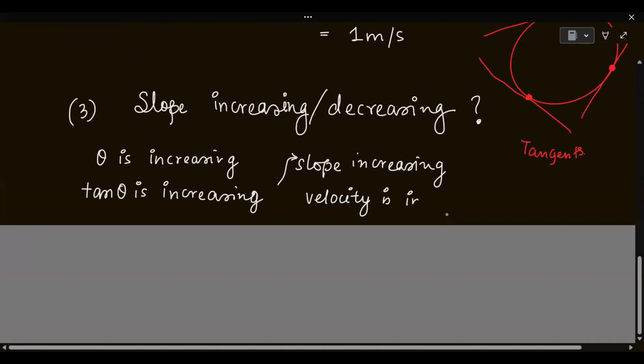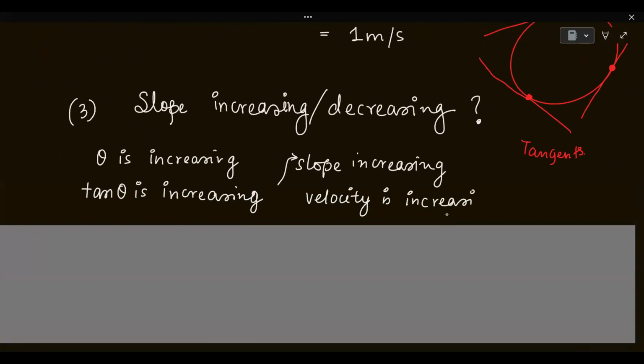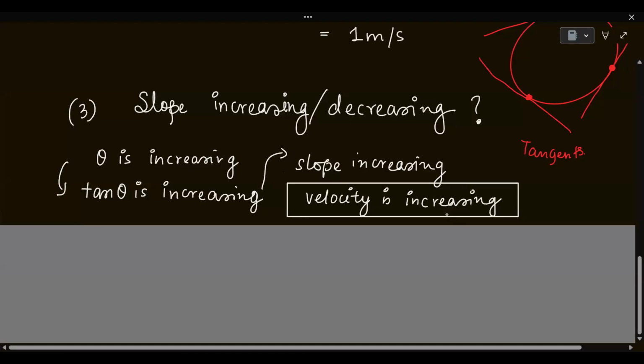This is very powerful. In the exam, you don't have to write all of this, just write velocity increasing. But this is what you have to think one by one. If theta is increasing, then tan theta is increasing. If tan theta is increasing, then slope is increasing. If slope is increasing, then velocity is increasing, because in this graph, slope was representing velocity.